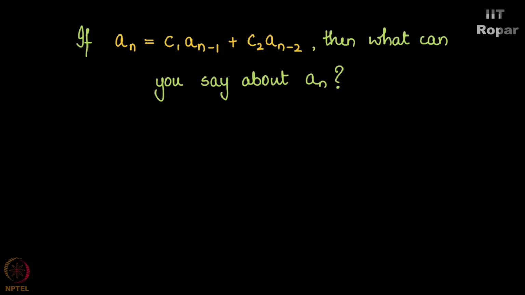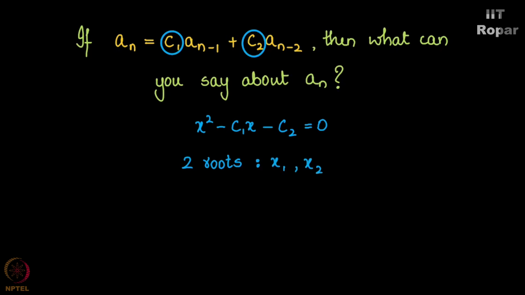Look at this c1 and c2 and construct a quadratic equation with c1 and c2 like this. Write down this quadratic equation, x squared minus c1 x minus c2 is equal to 0. And solve this quadratic equation. And you will get, let's say, two roots, x1 and x2.